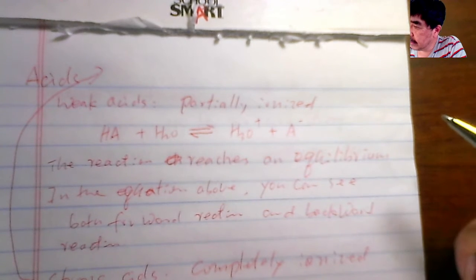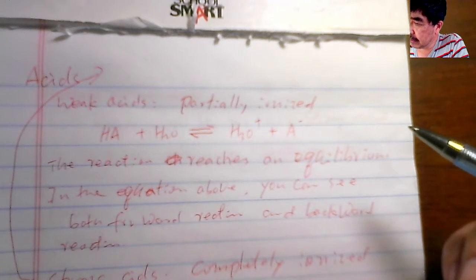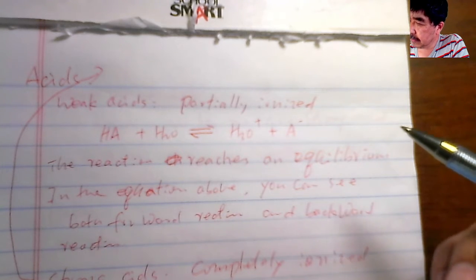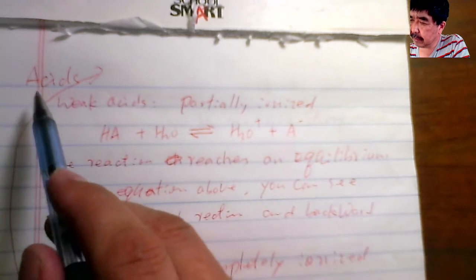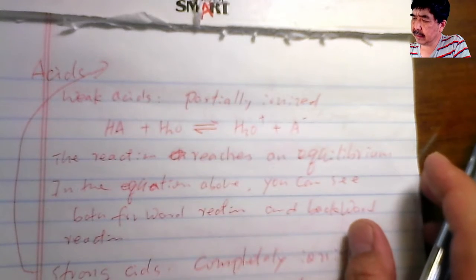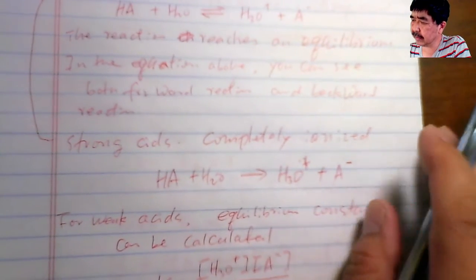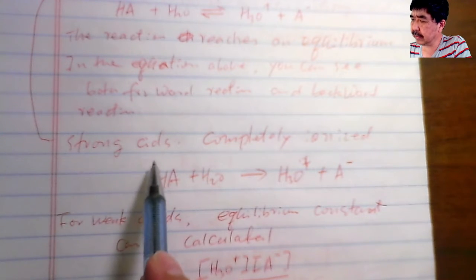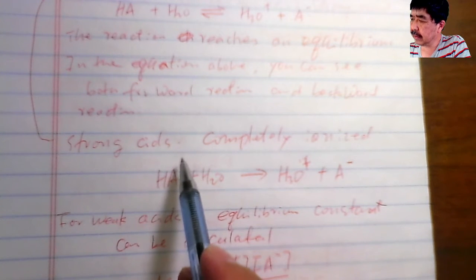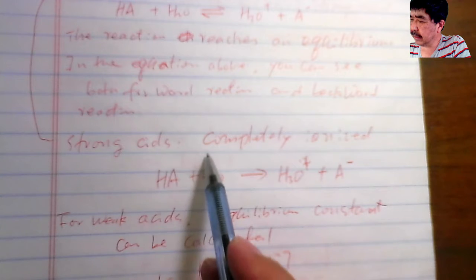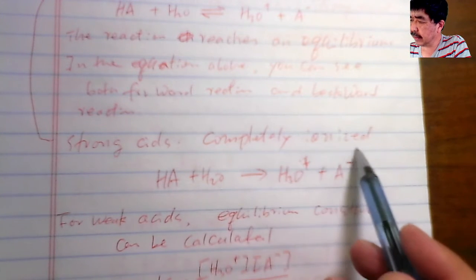Okay, let's continue to talk about acids and bases. The first one, acids. Acids can be divided into two categories. One is called strong acids. Strong acids are able to be completely ionized.